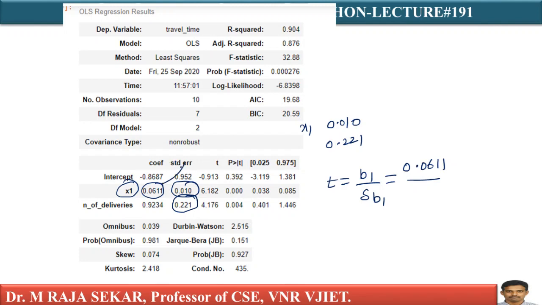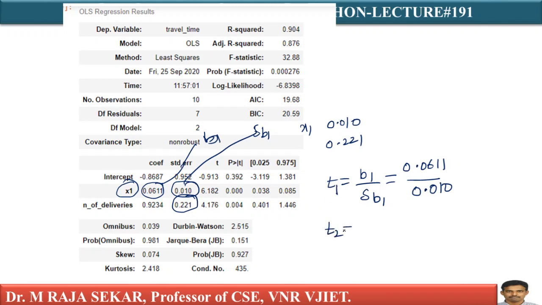This is b1, and this is sb1, isn't it? What is my sb1? 0.010. This is for the first variable, let me say t1.